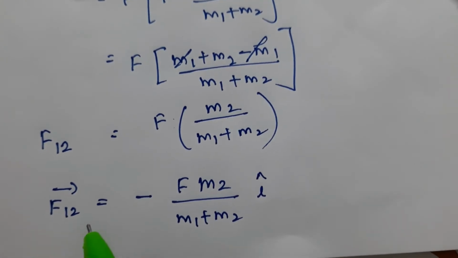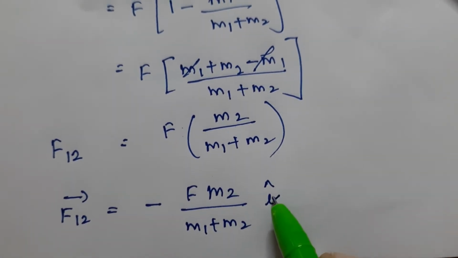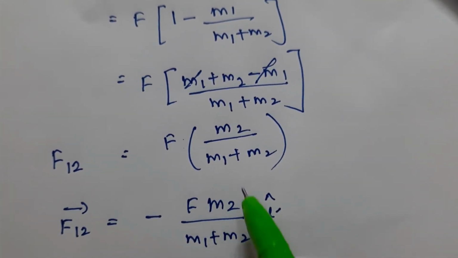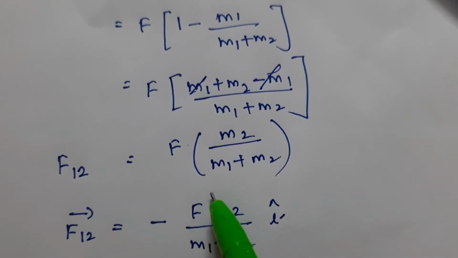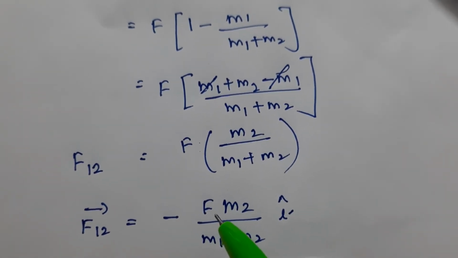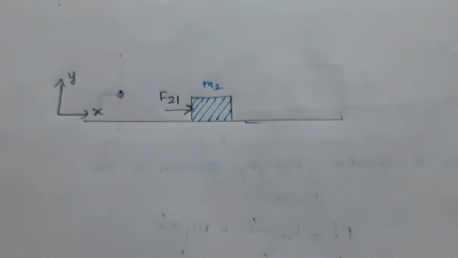So the force is depending upon what? Mass m2. The magnitude of contact force depends upon the mass m2, which is providing the reaction force. This force is acting along the negative x direction.